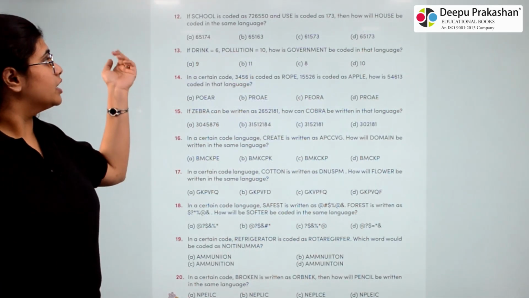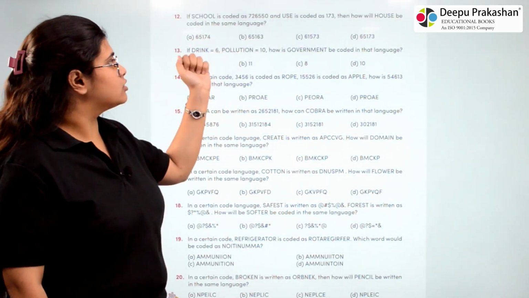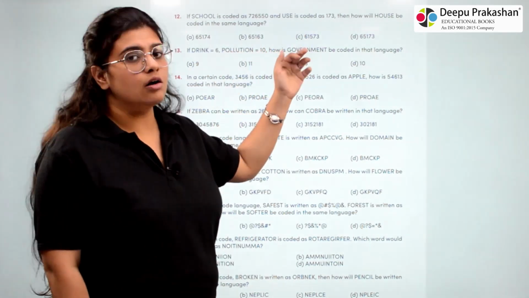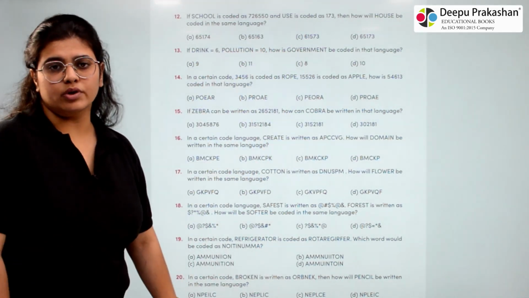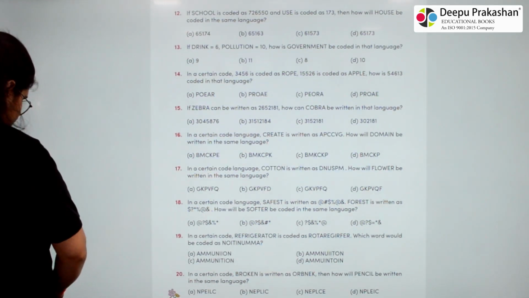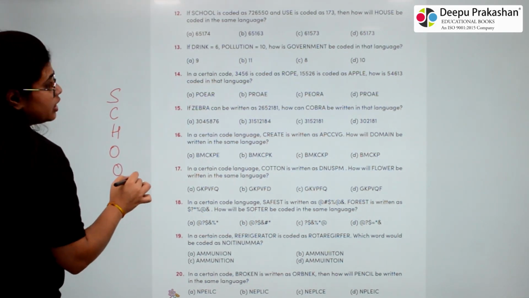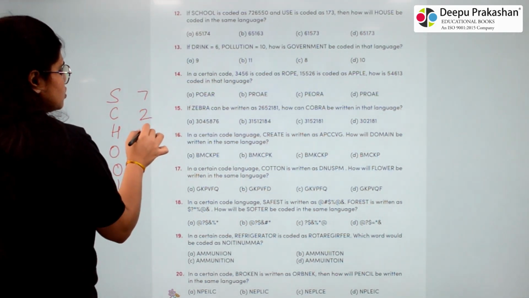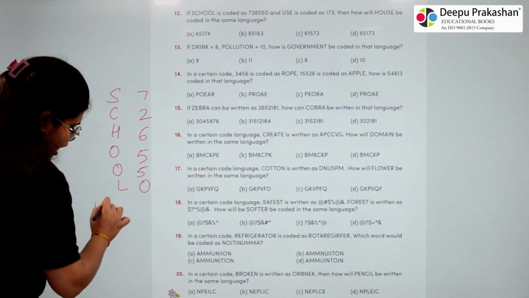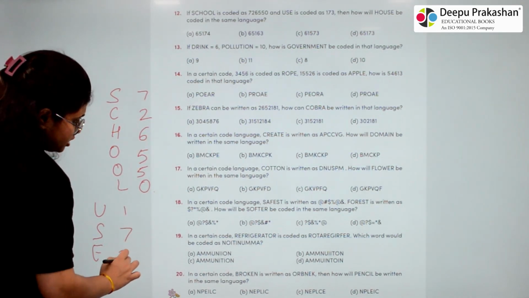12. If school is coded as 726550 and use is coded as 173, then how will house be coded in the same language? So here we are given school is coded as 726550 and use is coded as 173.